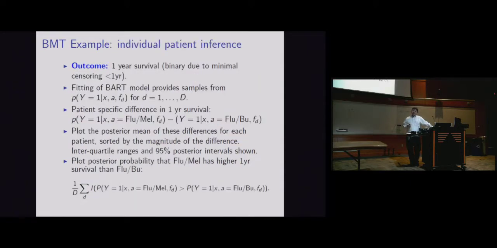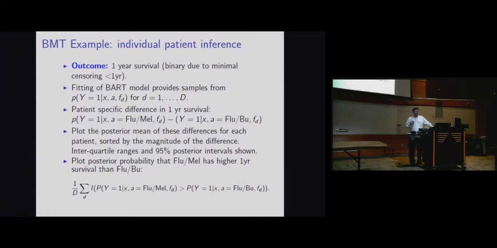The outcome here is 1 year survival, and we treat it as a binary outcome, partly for simplicity, and it was feasible to do that because there was very little censoring before 1 year in this cohort. After 1 year, you start to see more drop-off in censoring. But we have pretty much complete data by a year.